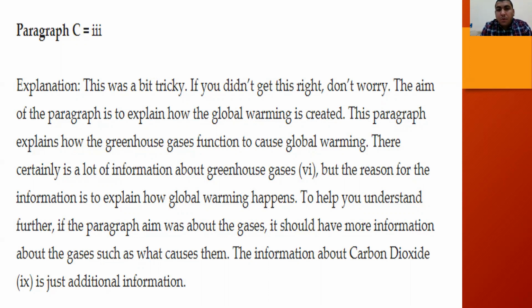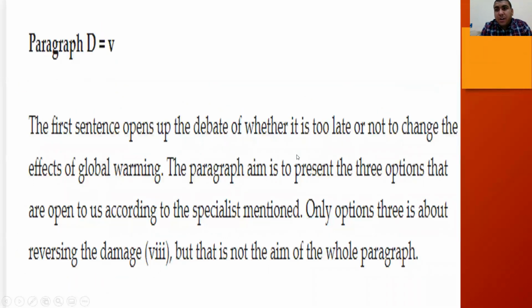Moving to the last one here, which is number 4, paragraph D with 5. The first sentence opens up the debate of whether it's too late or not to change the effects of global warming.